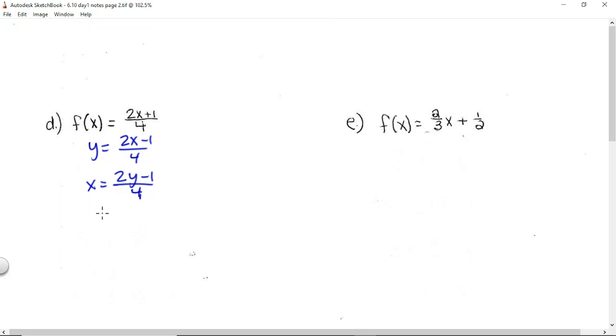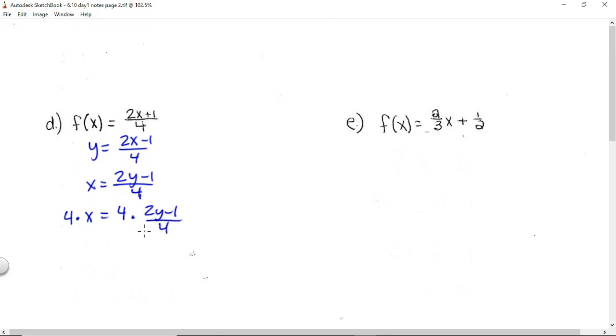So this time we actually want to first multiply both sides by 4. Because we're going to use this for notes, I like to write each step out.